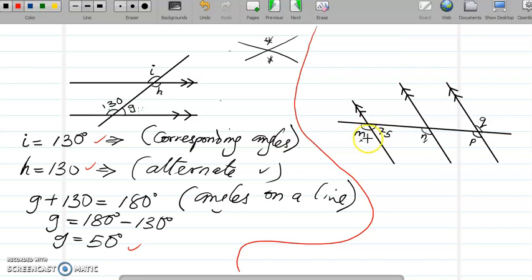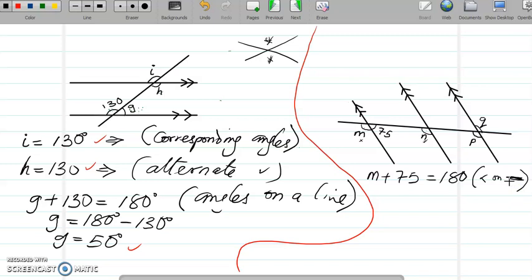Okay, let me go for M first. M plus 75 is equal to 180. Reason. Angles on a straight line. You must write down the reason.